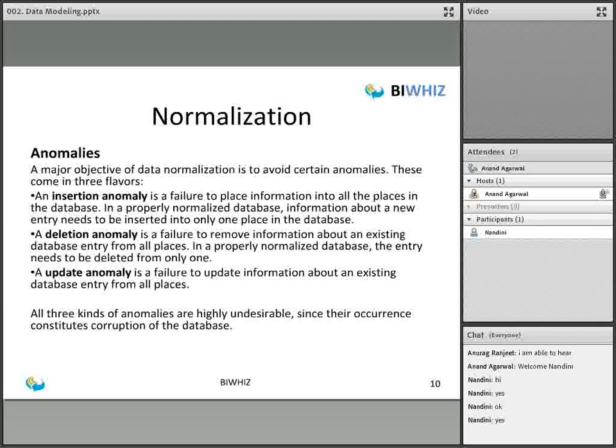You have to delete it from all the places, and you have to manually take care of it. You don't have the flexibility to do it in one place and not bother about the other places. You have to take care of all the deletions for this particular entity, right?